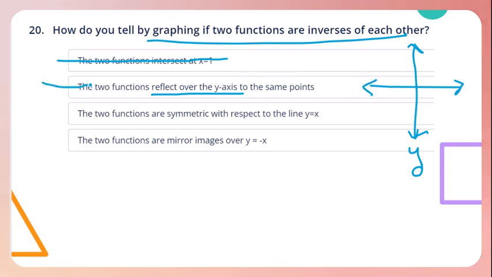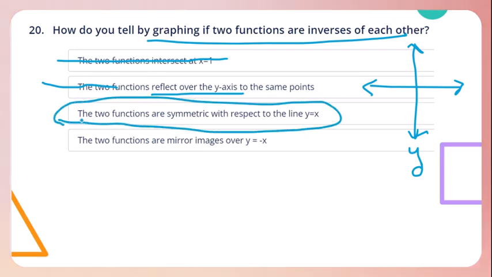That's out. The two functions are symmetric with respect to the line y equals x. This is what we're looking for. The two functions are mirror images. That's again another way to say reflect over y equals x, and we want the reflection over y equals x or x equals y. That's the same thing.